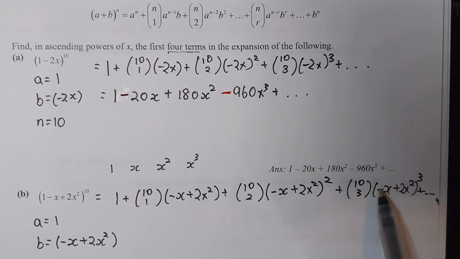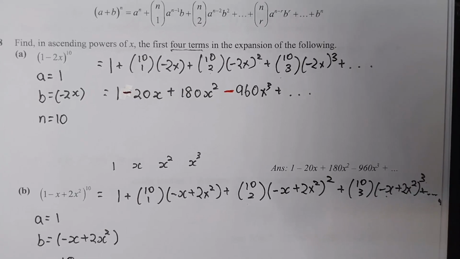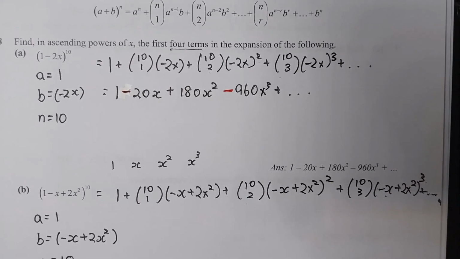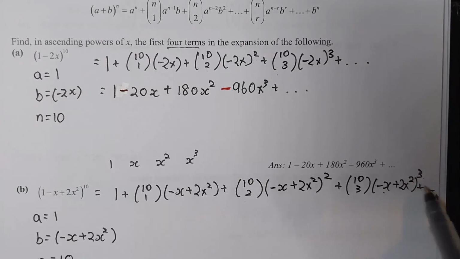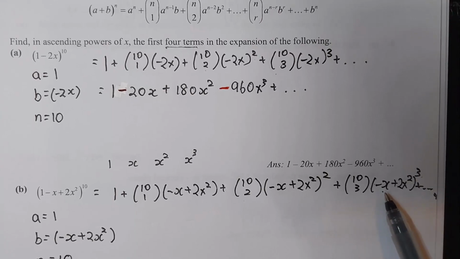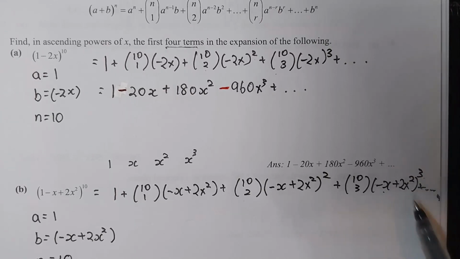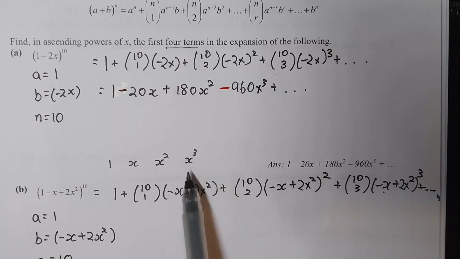Because this will give us x cubed. And we do not need to continue any further. Now, it may seem very daunting to cube this, but actually you will see later that we do not need to cube everything. We just need the first term of this expansion. Because if the first term is already a cube, the second term will be more than the cube, and so we do not need to continue any further, as we just need to stop at cube.